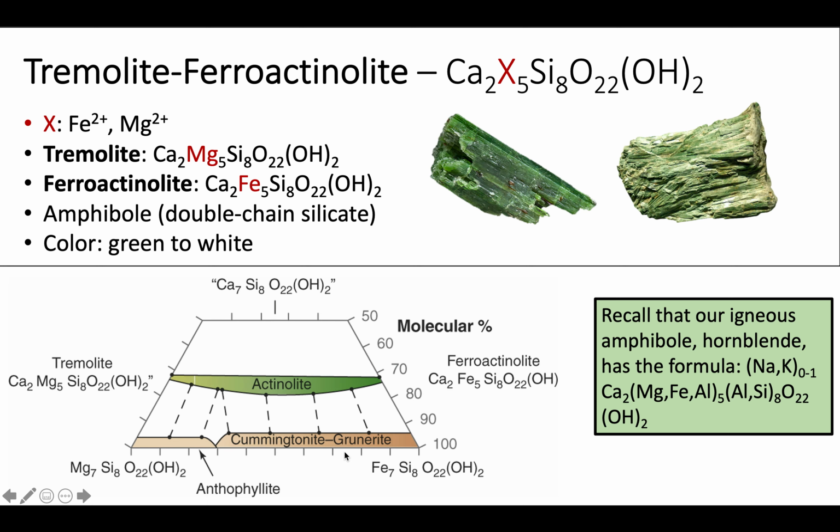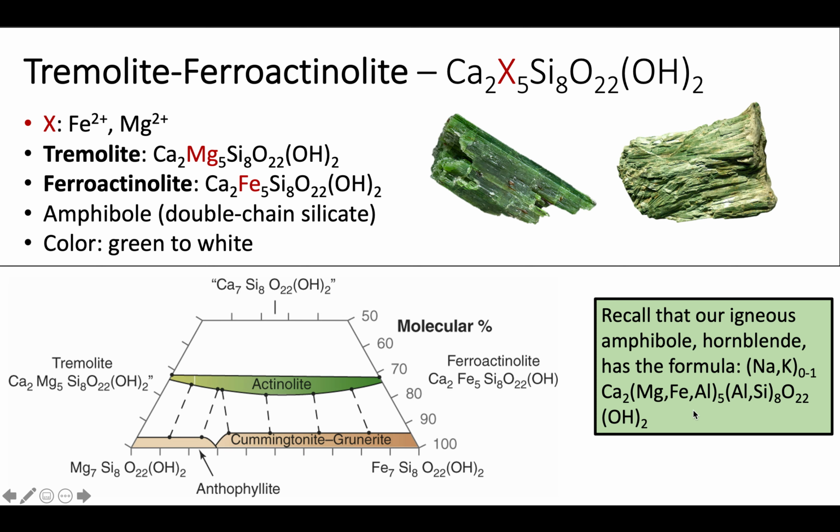And then there are other amphibole solid solution series, such as the cummingtonite-grunerite series or the anthophyllite, that fill in these other gaps. And just as a reminder, when we were looking at igneous amphiboles, we were talking mostly about hornblende. Hornblende did have some of that initial cation site for sodium and potassium filled in, and then had this Ca2 whole bunch of stuff amphibole formula.